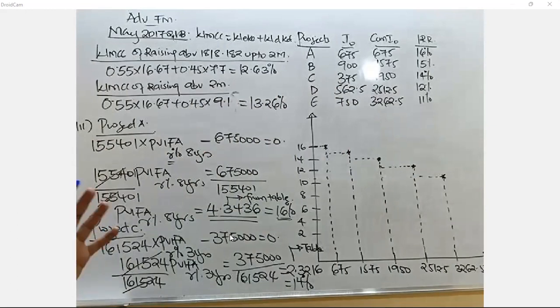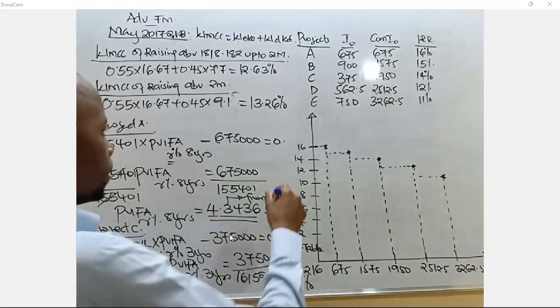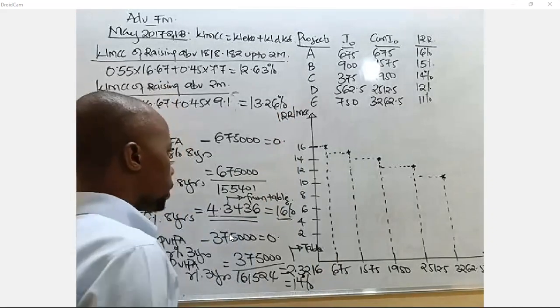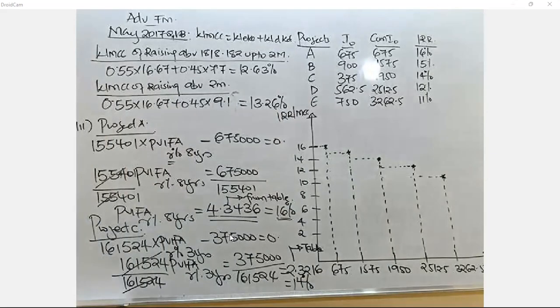Now we are going to look at where we draw our WMCCs. You remember the first one which you were able to get.